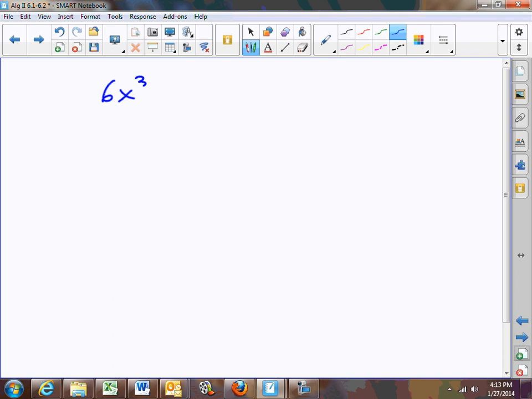6x cubed plus 4x squared minus 12 divided by 2x plus 4.